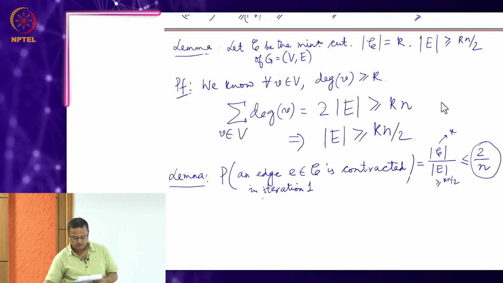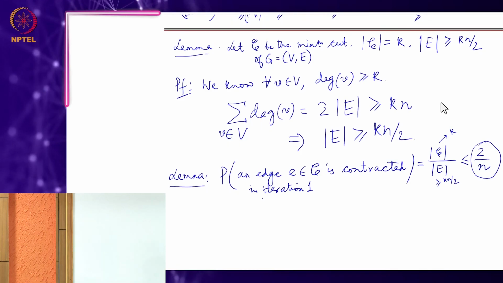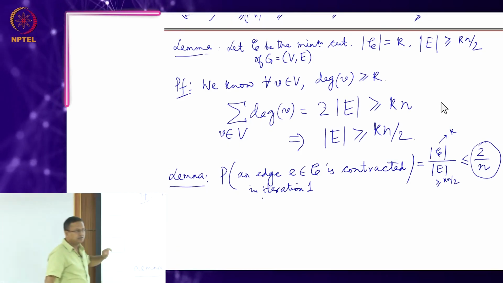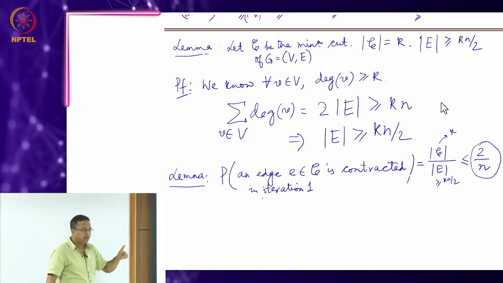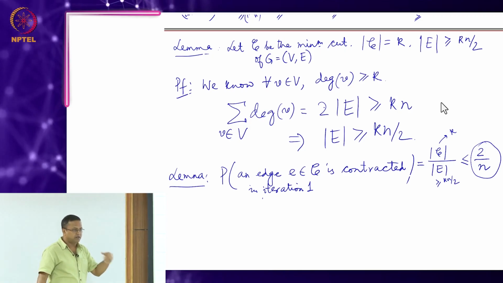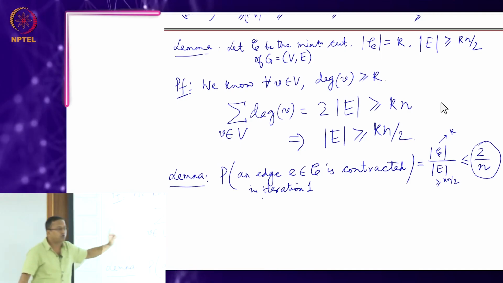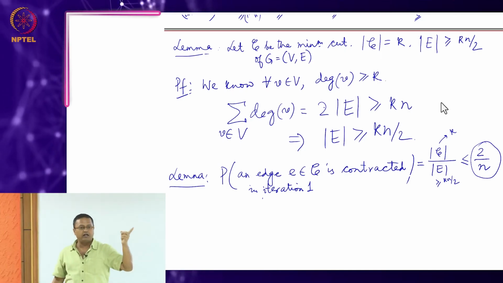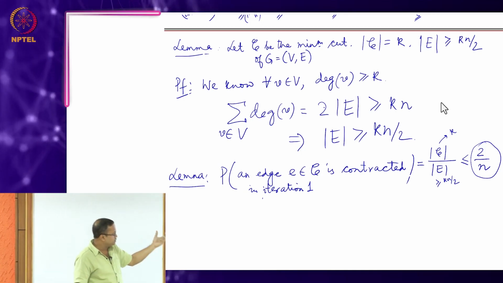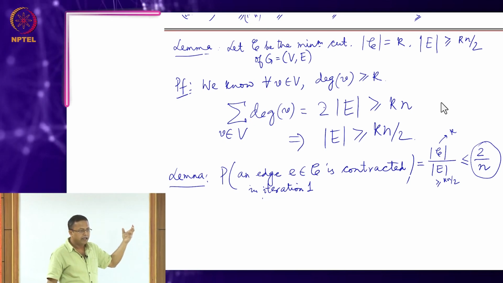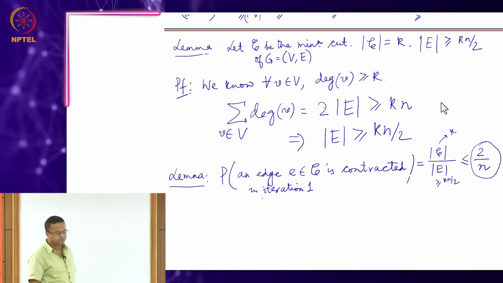Earlier what it was? k into n. Why? Because you are summing over all vertices. In this new graph, how many vertices are there? n minus j. After j iterations, there are n minus j nodes remaining. So this set V has gone to some V dashed, but the cardinality of that set V dashed is n minus j. So on one side you would sum up to n minus j, so it would be k into n minus j by 2.